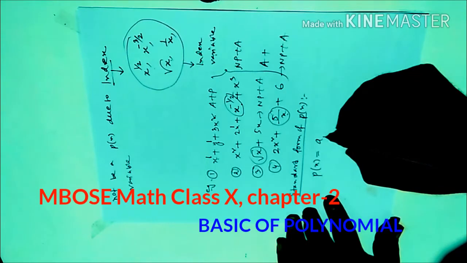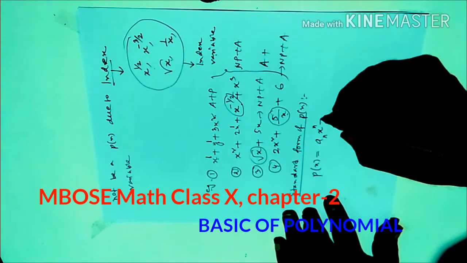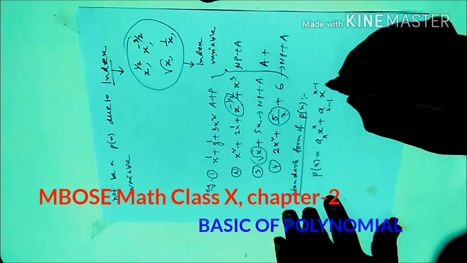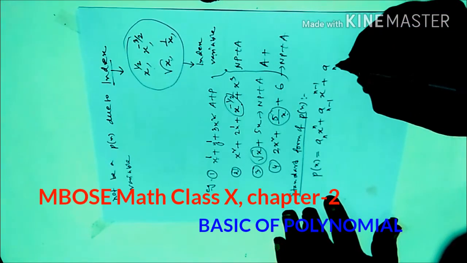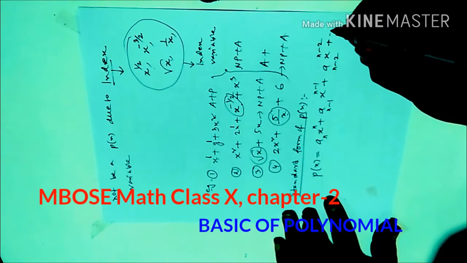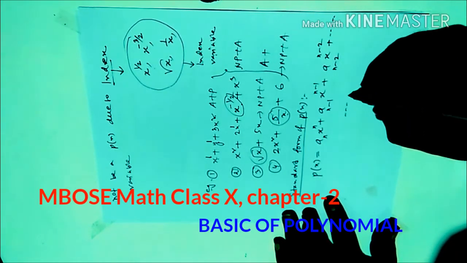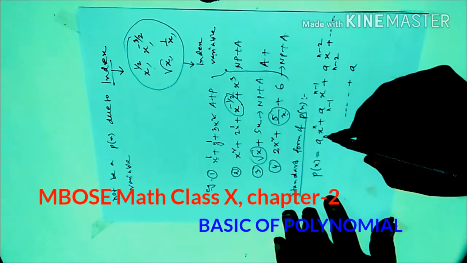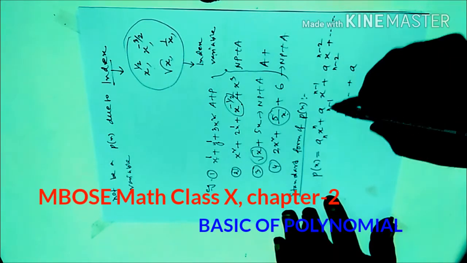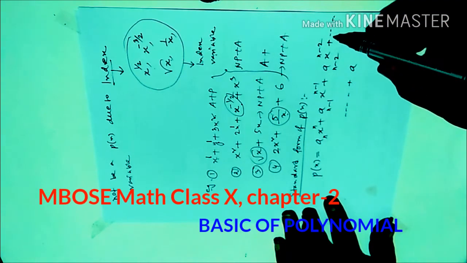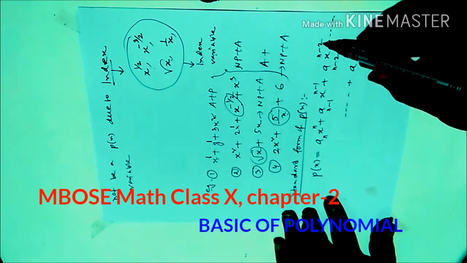P(x) equals a_n x^n plus a_(n-1) x^(n-1) plus a_(n-2) x^(n-2) plus, dot dot dot, plus a_0. You see here, n, x power n minus 1, next is n minus 2, next will come n minus 3.